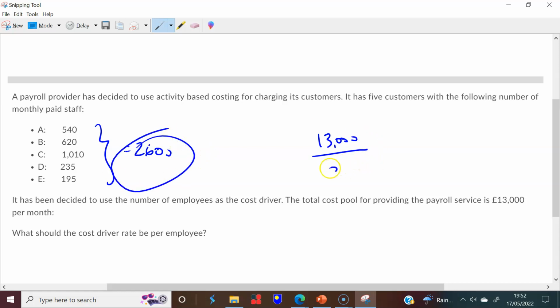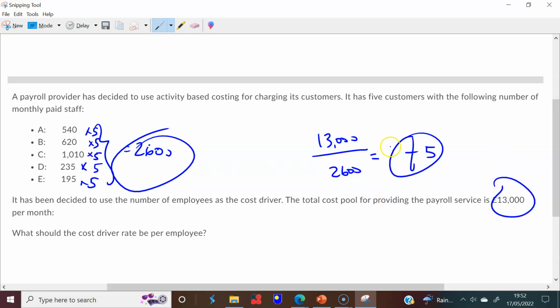So you now have 13,000 over 2,600, which is equal to £5. So you will assign a figure of 5 for every member of staff. Literally just multiplying each of these by 5 would allow you to apportion this figure of 13,000 between the different departments. So your answer is 5.